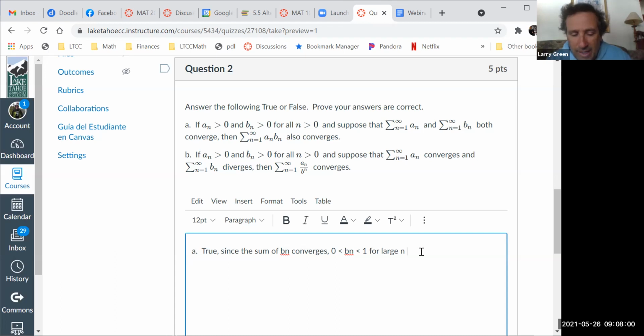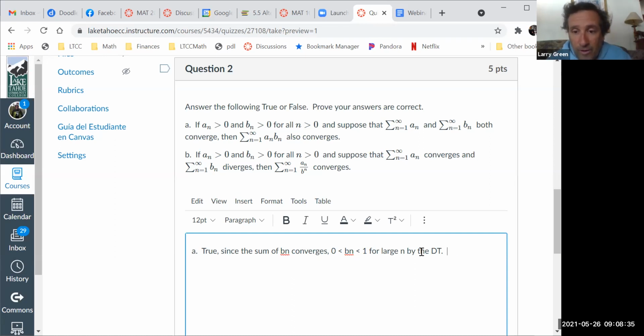So let me write by the divergence test, DT. Any questions so far? All right, so now what test can I use to look at the summation of An Bn? Yeah, direct comparison test.